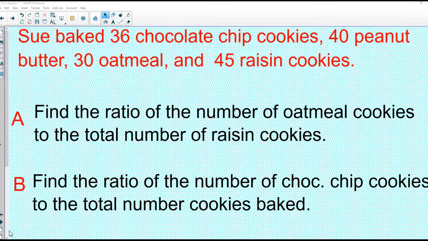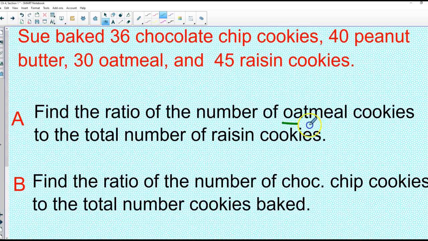Okay, last one here, guys. This one says Sue baked 36 chocolate chip cookies, 40 peanut butter, 30 oatmeal, and 45 raisin. Okay, there's your situation in the red. Now it says, find the ratio of the total number of oatmeal cookies to the total number of raisin cookies.